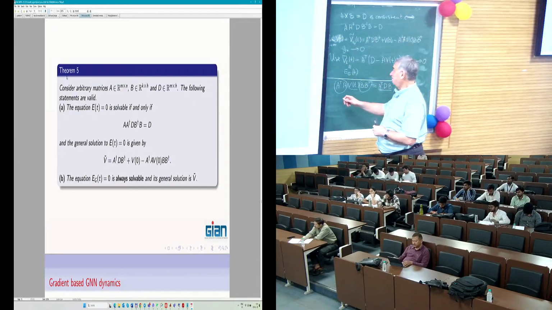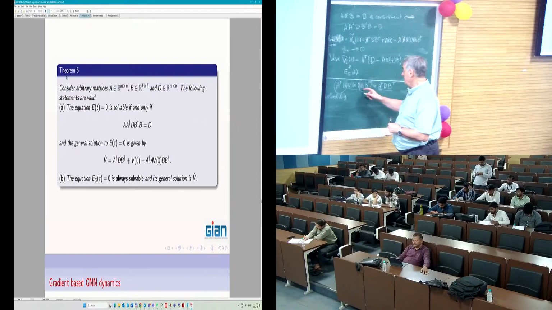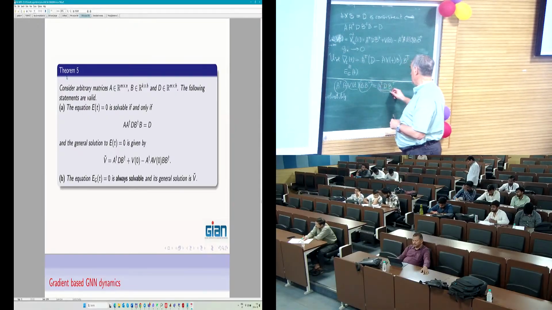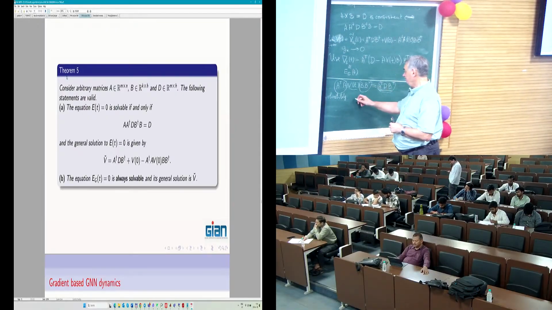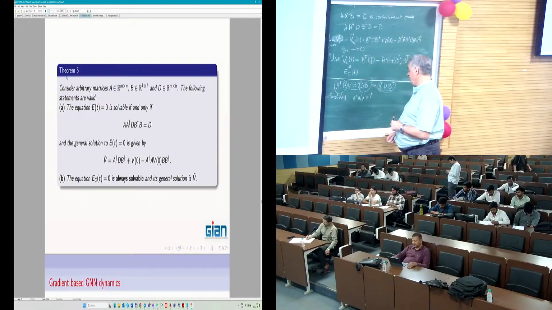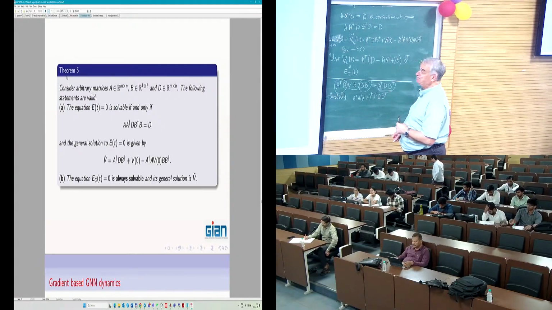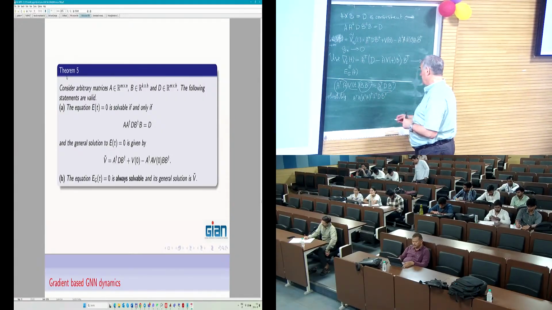And now the solvability condition: it is A, it is B, it is D, it is the new D. A transpose A dagger, D B transpose, then B dagger, transpose dagger.